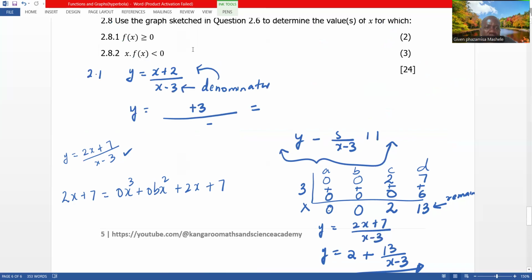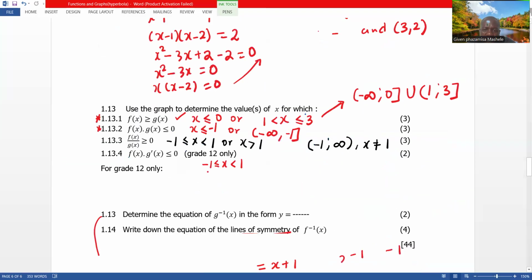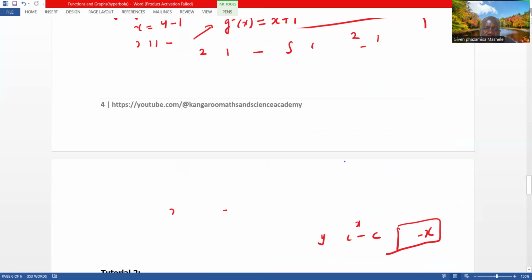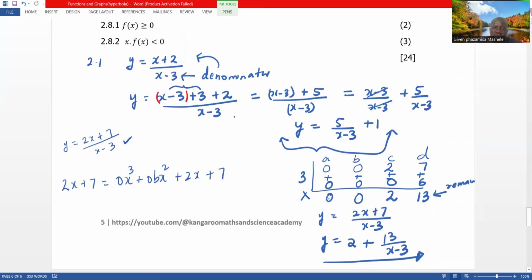So you know that since we got this first one, it's 5 over x minus 3. So this gives us 5. The equation is y equals 5 over x minus 3 plus 1.